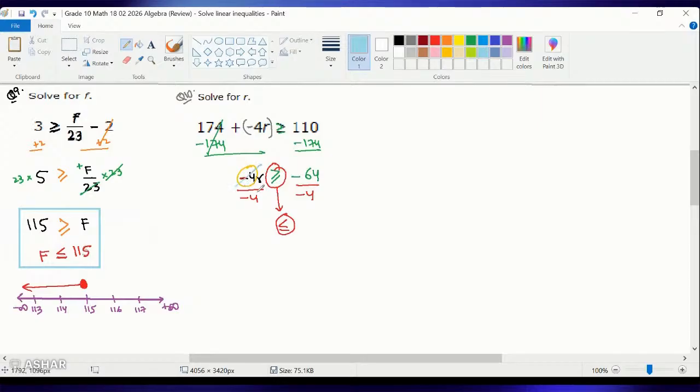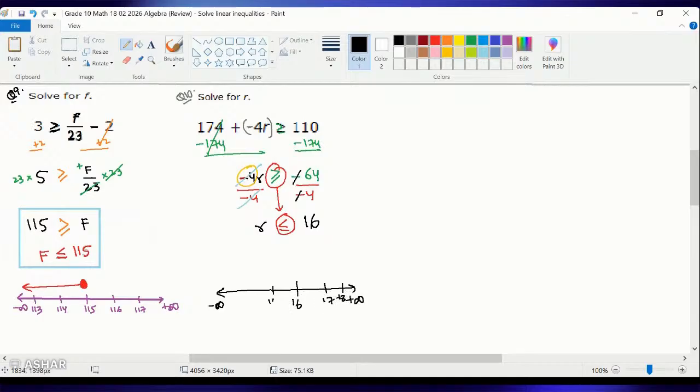Minus 4 and minus 4 is cancelled out. We are left with R. Minus minus cancelled. 16. 4 times 16 is 64. That means the value of R for this number line is minus infinity to plus infinity. This was 16. We can say 17, 18.